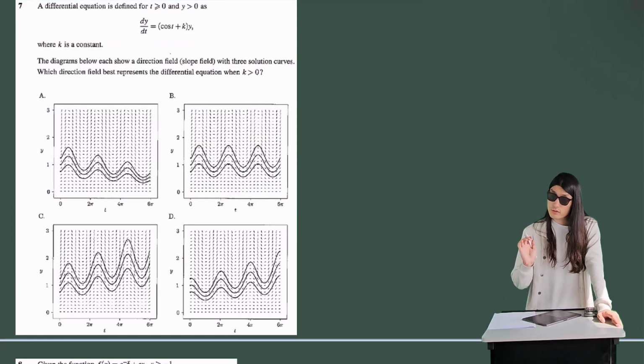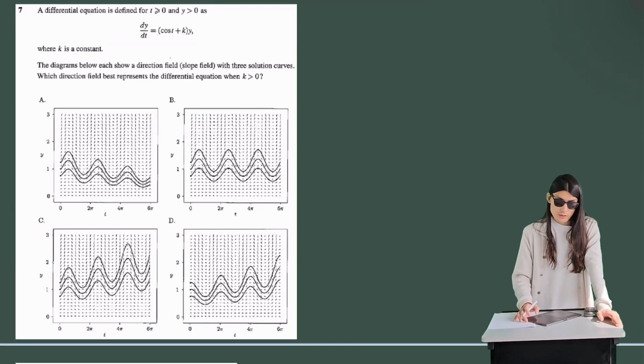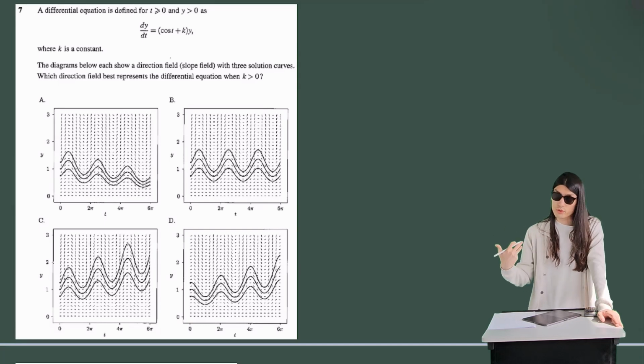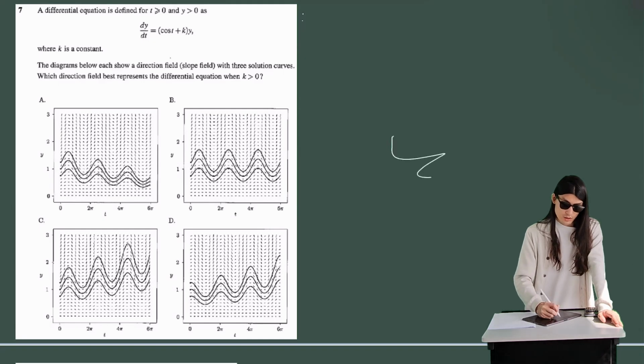Well, let me begin this question, guys, by obtaining the general equation for the solution of the differential equation. So I'm talking about using separation of variables, which, yes, would involve putting all the y's onto one side.